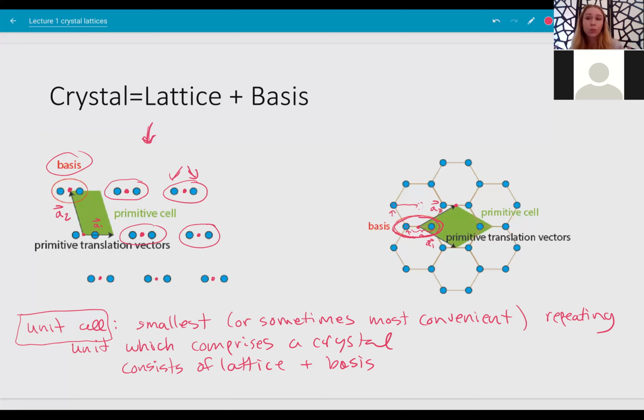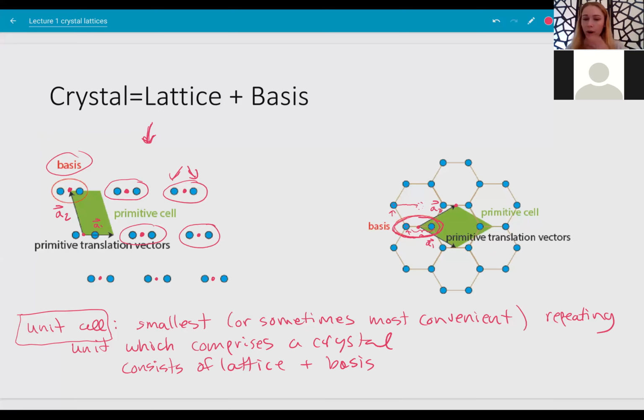This is the word that you should remember. The unit cell is really what comprises the repeating unit in a crystal. The vocabulary introduced previously was preliminary information to understand a unit cell. But the unit cell is the word that you really need to know.